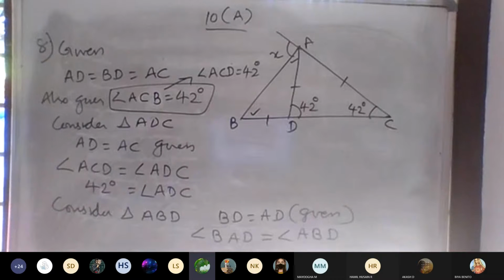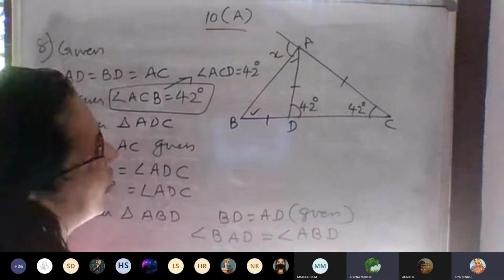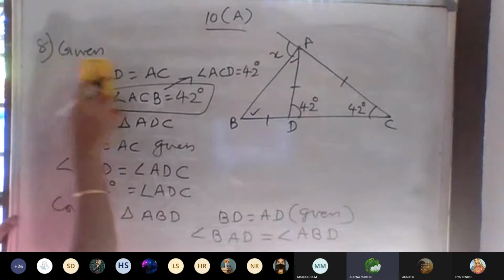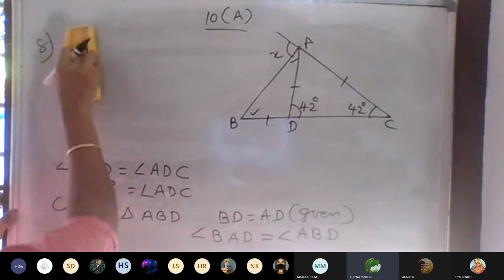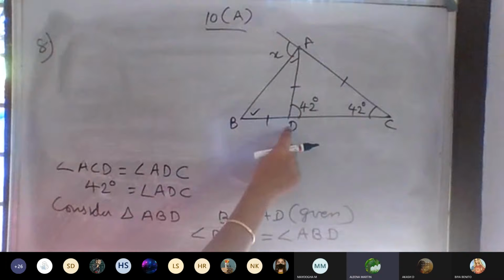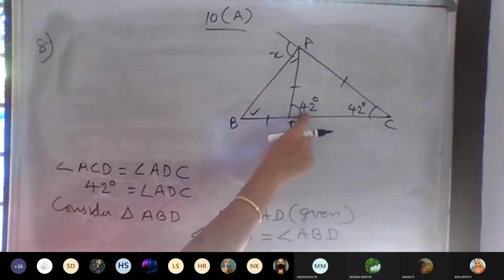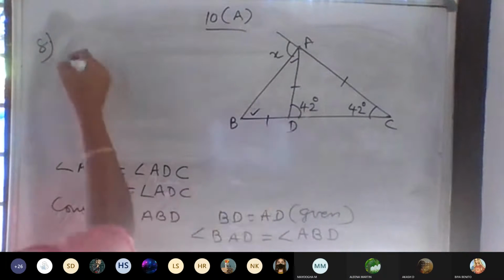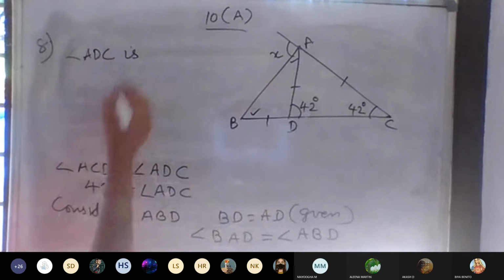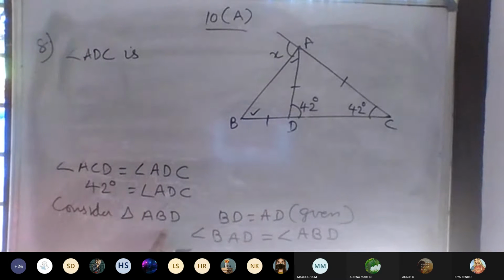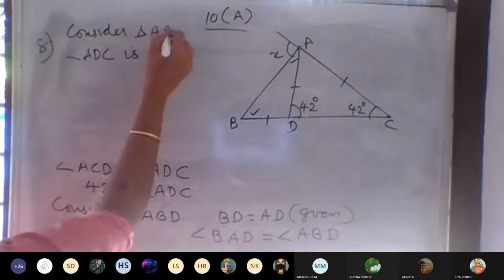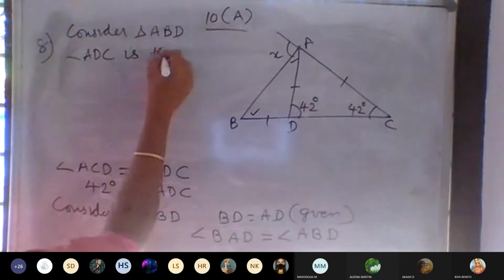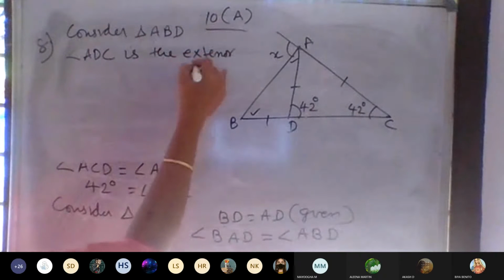If you consider triangle ABD, angle ADC is the exterior angle.